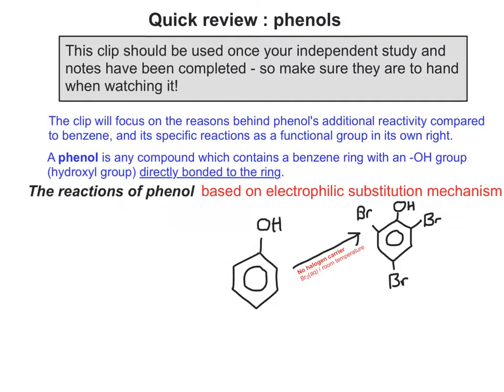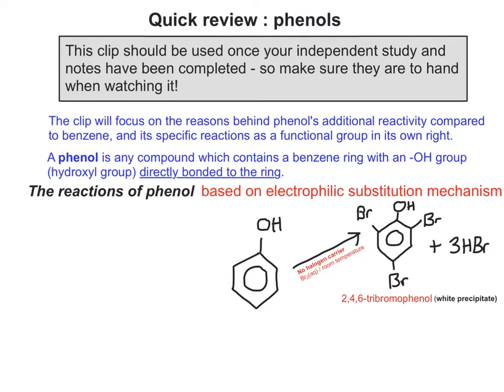So the bromination of phenol can be carried out at room temperature with no halogen carrier in the presence of aqueous bromine water, and you get 2,4,6-tribromophenol. Now obviously because the bromine substitutes for hydrogen, they have to go somewhere. So you get 3 HBr.